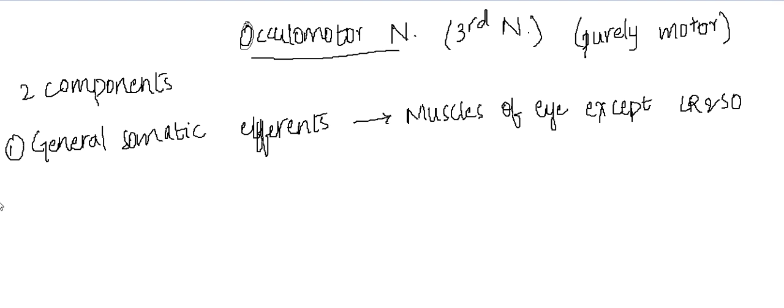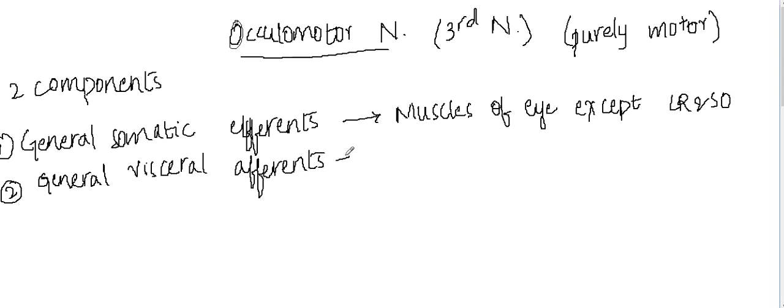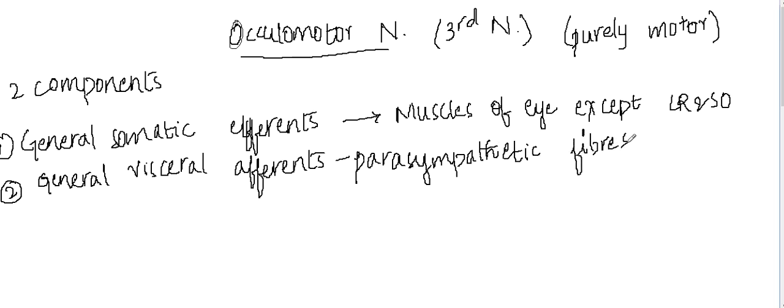Now the second group of fibers is general visceral efferents. These general visceral fibers are parasympathetic fibers, and these will give the pupillary reflex.